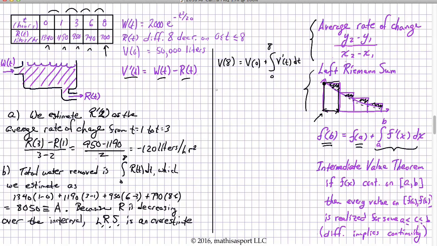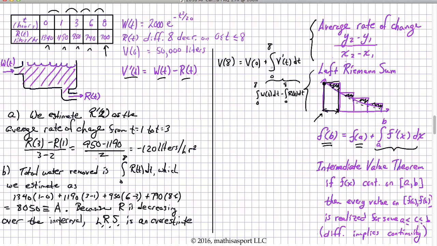So let's just write that again. We're going to split this into two separate integrals. This will be the integral from 0 to 8 of w of t dt minus the integral from 0 to 8 of r of t dt. See how that one integral turns into two?